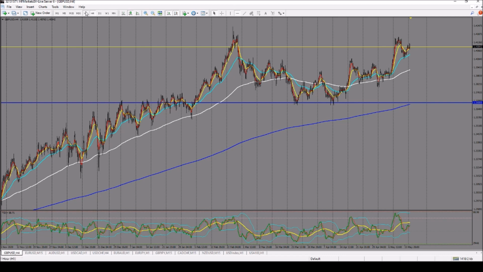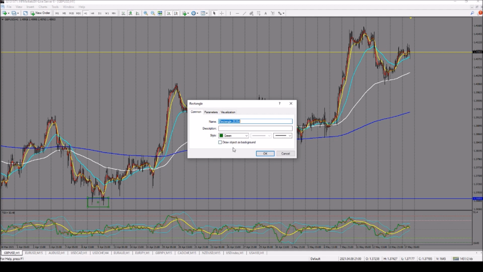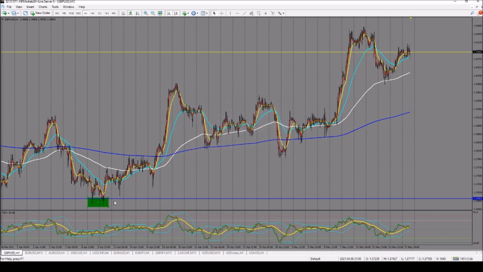So after that, we go on H1, and we can see that this week started at this point. Let me use some highlighters. This was the low of this week at this point, and this was the high of this week at this point.